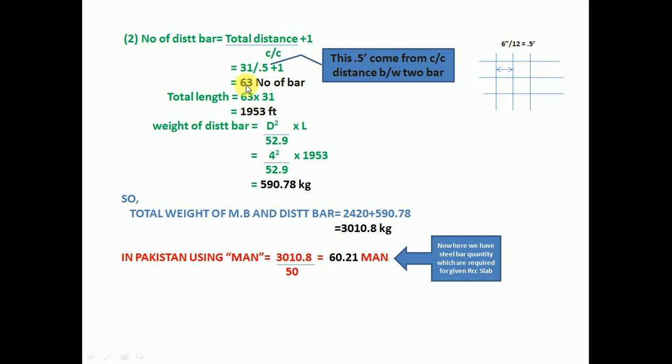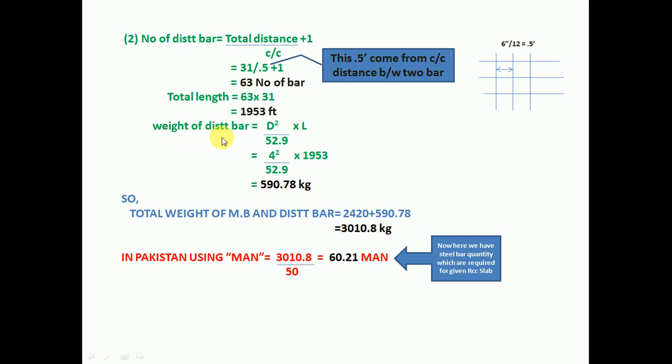So the number of distributed bars is 63 bars. So the total length we calculated for the distributed bar is 63 multiplied by 31, where 63 is the number of bars and 31 is the width of the slab. So here we have 1953 feet.